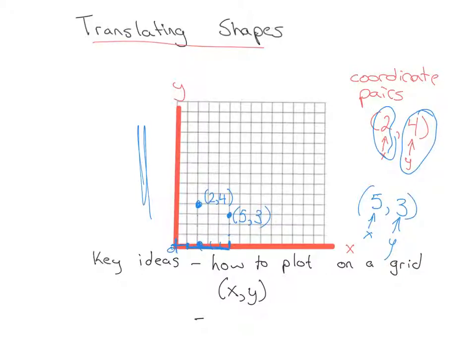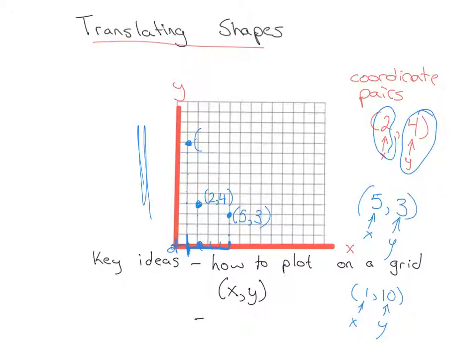Please remember, X is to the right, Y is up. So if I gave you the point (1, 10), this would be an X value of 1, so 1 to the right, right there, and a Y value of 10, which is 10 up. 1, 2, 3, 4, 5, 6, 7, 8, 9, 10.